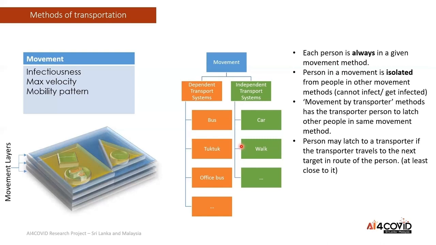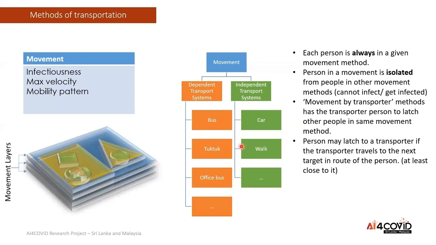Therefore, this creates two different surroundings when the agents are moving in the location structure. If someone is using a dependent transport system like a public bus, there are different kinds of interactions between them, and that is reflected in these transport systems.